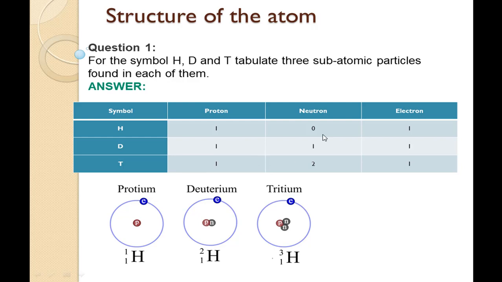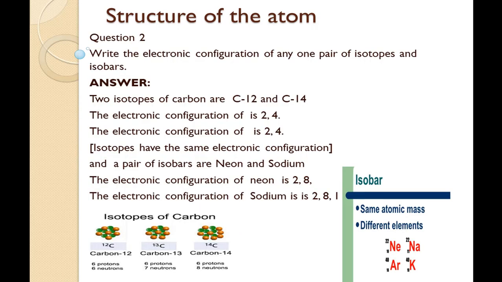How many neutrons will be there? 2 minus 1, 1 neutron. Mass number minus atomic number. Then in tritium, atomic number is 1. Therefore, proton and electrons are 1 only. Then neutrons are 3 minus 1, which is 2. Hope it is clear to you. We'll move to the next question.